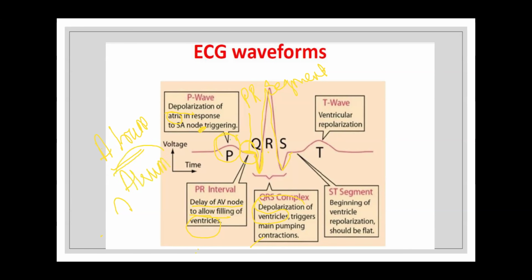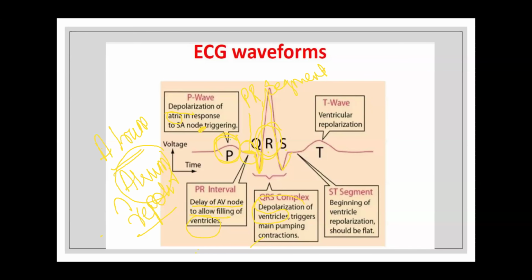Because the atrium is a very small chamber, the relaxation, or you can say the repolarization, of the atrium is buried in this QRS complex. So you cannot see atrium repolarization on the ECG. You only appreciate depolarization. Then you have this AV node delay followed by this QRS. Okay, QRS is ventricular depolarization.